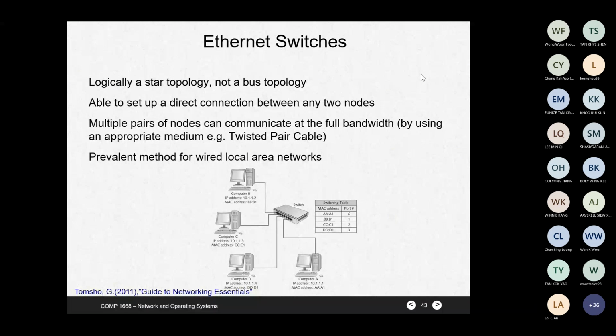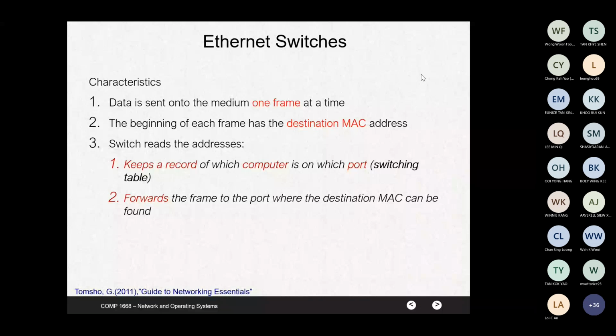Also, the speed of the switches, or the box switch, has tremendously improved, which can support gigabit, fiber networks, and so on. All right, guys. With that, I don't want to go into the operation of the Ethernet switch for today, because it is even more complicated, and it will take more time to discuss.